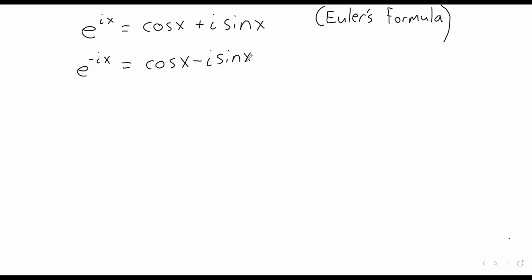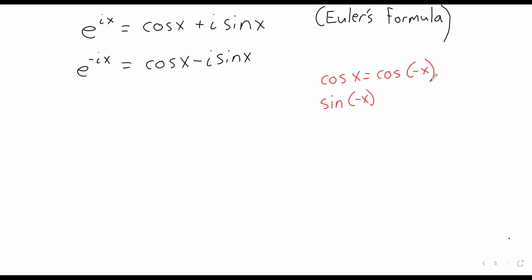You might think I must be missing negative signs, but we're replacing x with negative x, and we're using the fact that the cosine is even, it's symmetric around the y-axis, and the sine is odd.